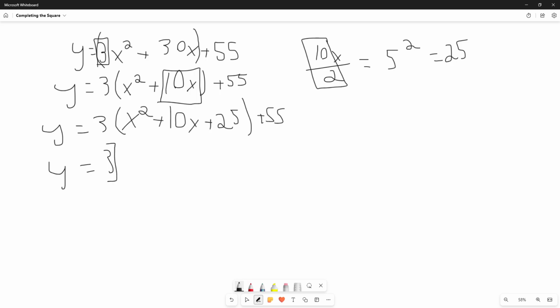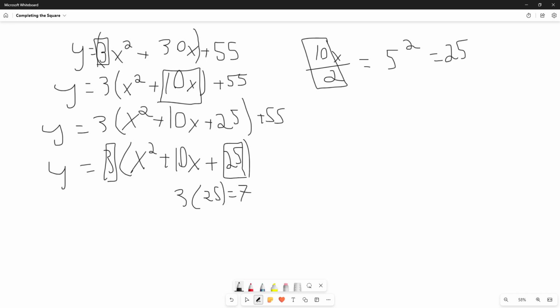Then our next step is we take this term and multiply it by the last term inside the brackets, which is the 25. So 3 times 25 is 75.